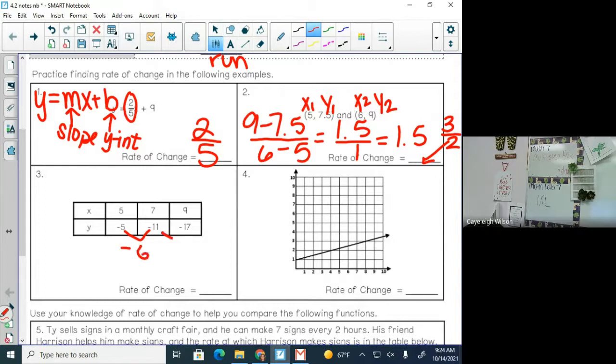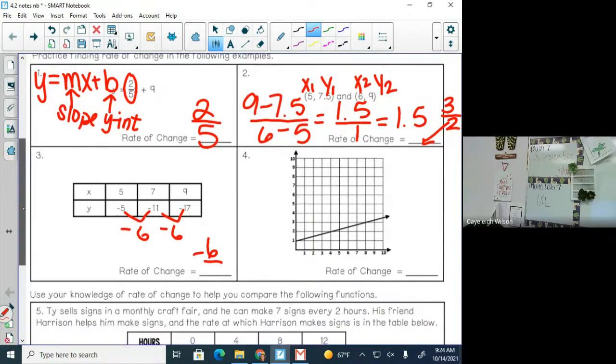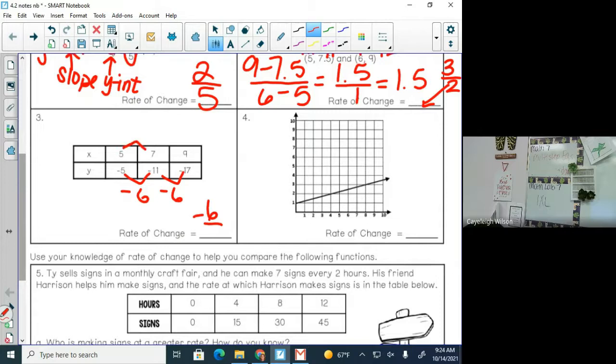How do they get from -11 to -17? So the change in the y is -6. And then look at the x. 5 to 7 is up 2. 7 to 9 is up 2. So that's -6 over 2, which is -3. Or you can circle 2 points, label x1, y1, x2, y2, and do slope formula the same.